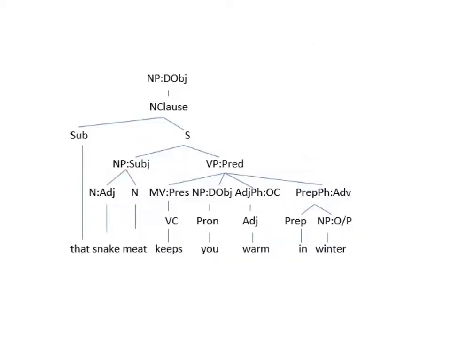It's true that with that clauses, the subordinator that does not form a constituent with the clause it introduces, but this does not mean that we have two noun clauses. If you take the subordinator away from the noun clause, it is no longer a noun clause, but an independent clause, that is, a sentence.